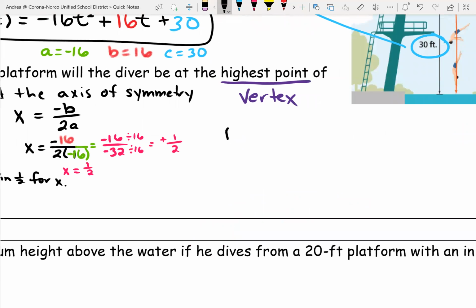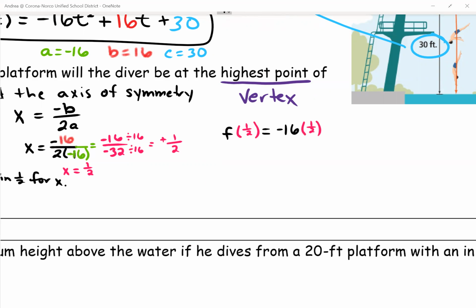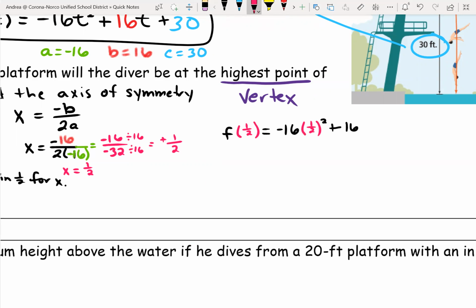So I have f of 1/2 equals negative 16 times 1/2 squared plus 16 times 1/2, then plus 30.